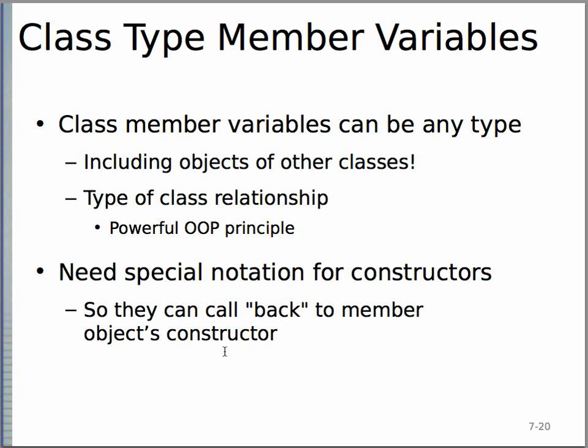If you have objects inside objects, there are certain ways of doing this. We'll see later on when we get to pointers. Sometimes you might prefer pointers. I'm going to hold off on that discussion for later. But you do need some way for your constructor to call the member object's constructor. If you have member objects, that is not just ints, floats, doubles, but objects, then you need a way to be able to call that object's constructor.